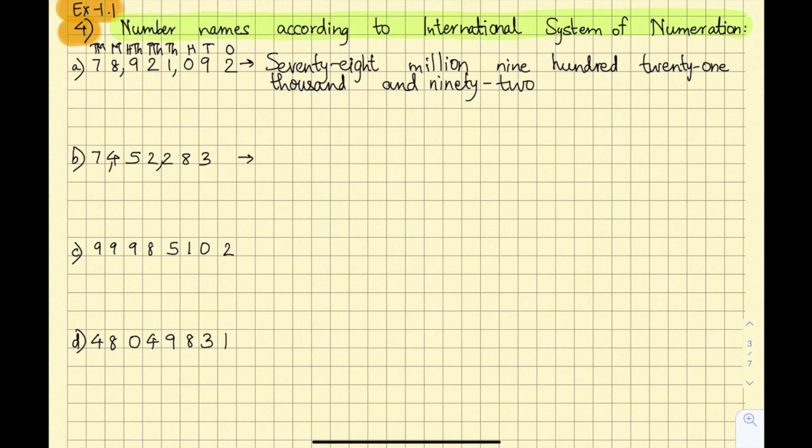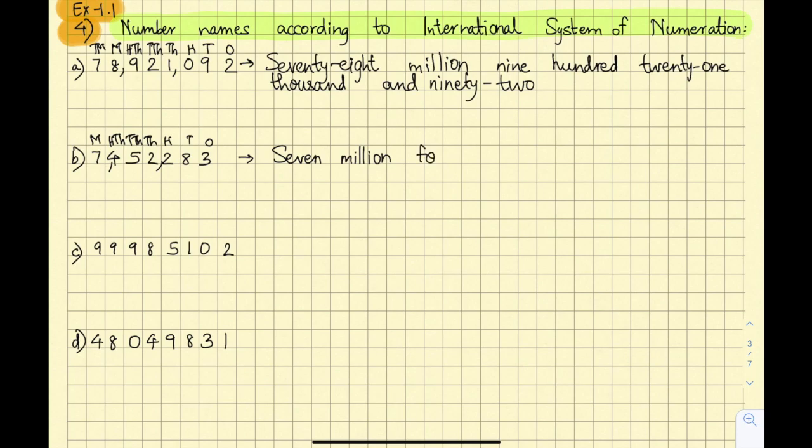Intervals of 3, 3, and last digit remaining is 1. So ones, tens, hundreds, 1,000, 10,000, 100,000, and then we have million. So in place of million, we just have 7. So we write it as 7 million. In place of thousands, we have 452.